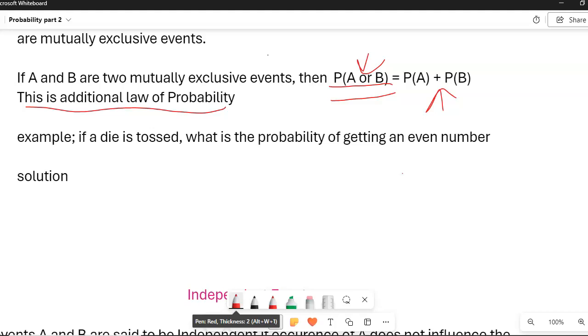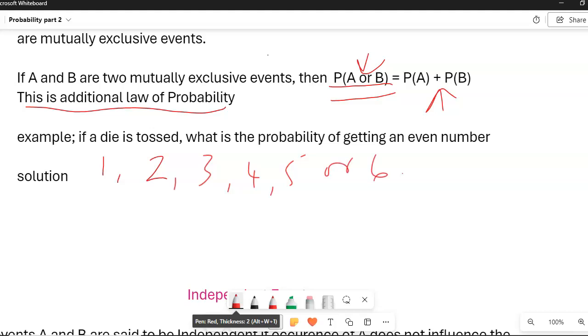An example to demonstrate the addition law of probability: if a die is tossed, what is the probability of getting an even number? If you toss a die, we know that a die has sides 1, 2, 3, 4, 5 or 6, and in this case we want to get an even number.